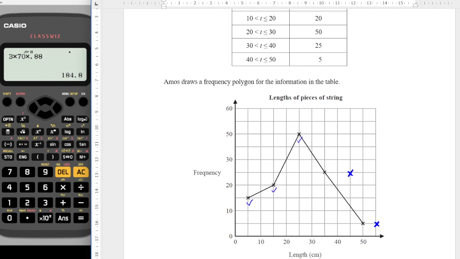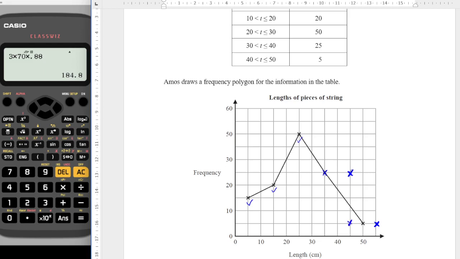Then the next point should have been plotted at 35, 25, so I do agree with what they plotted there. So what I'd written there was a mistake. And then the final one should have been 45, 5.